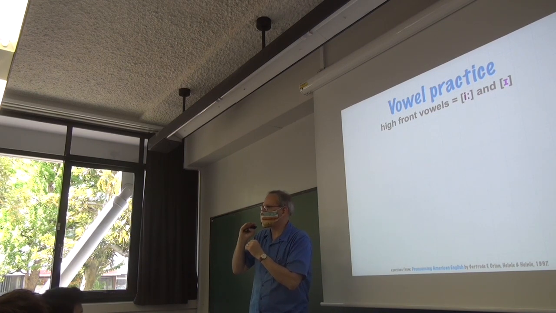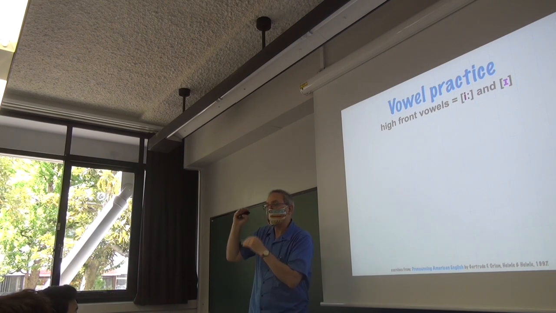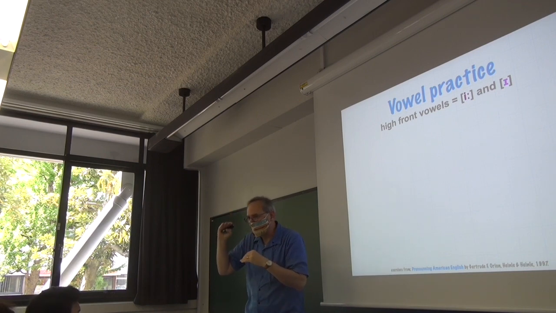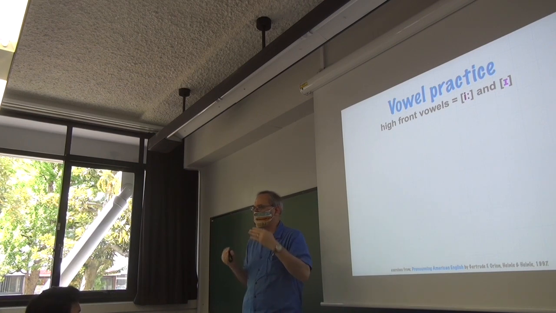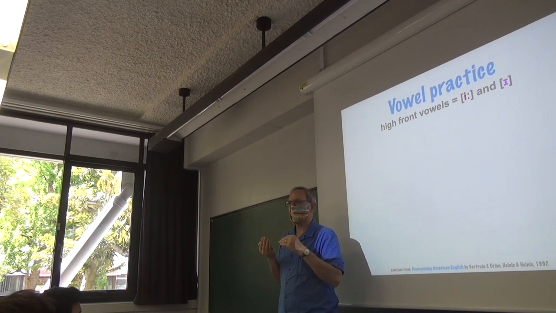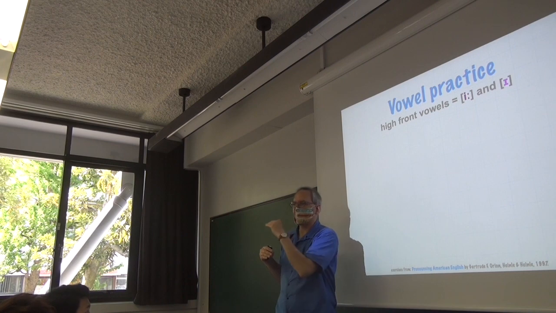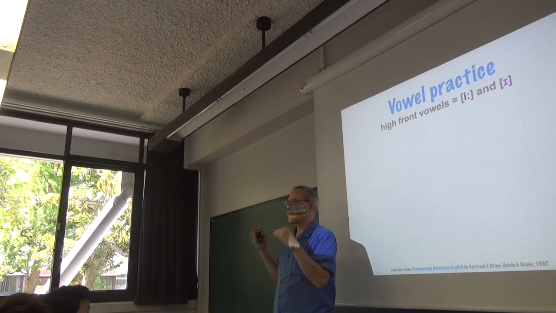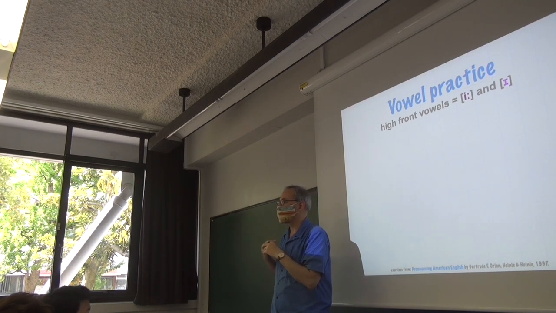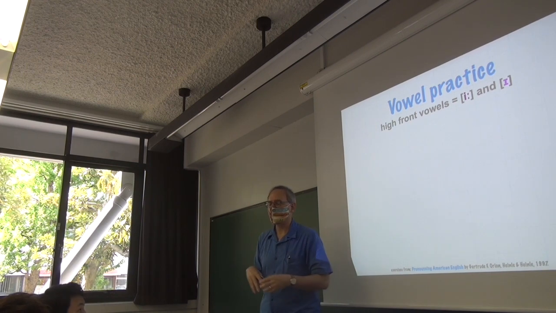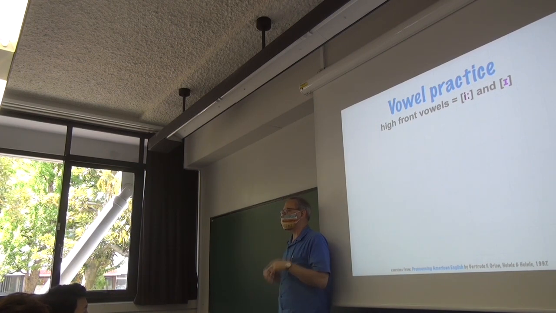Not so low as E. It's kind of between E and A. But it's genuinely lower tongue height because lax vowels have slightly less high, slightly less front pronunciation than the tense vowel. So I'd like to practice the contrast between E and it using what we call minimal pairs.